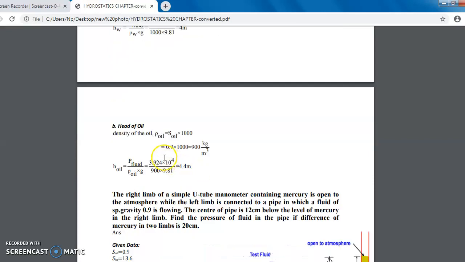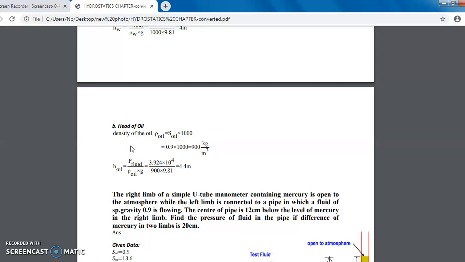Second part. The question gives the specific gravity of that oil as 0.9. So what to do? First you have to calculate the density of that oil, then only you can calculate the head.